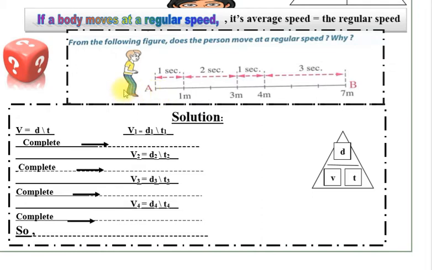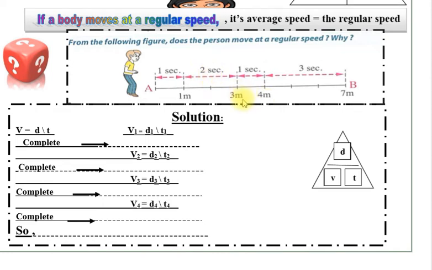We have this boy moving from A to the end of the first distance. The first distance is 1 meter, covered in 1 second. The second distance represents the difference between the 3 meters and the first 1 meter. So 3 minus 1 equals 2 meters, and the time for the second distance is 2 seconds.